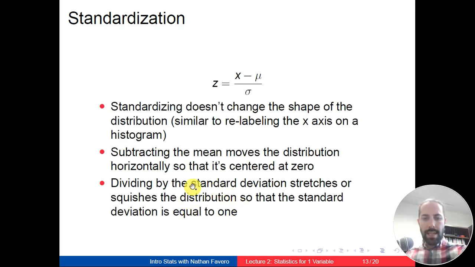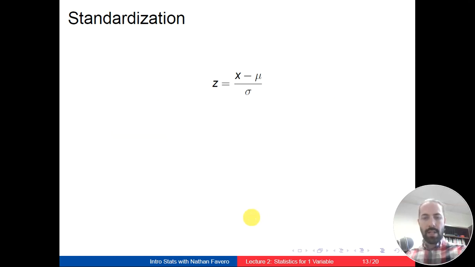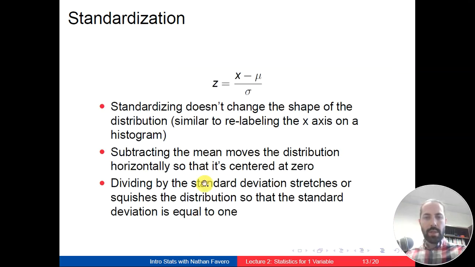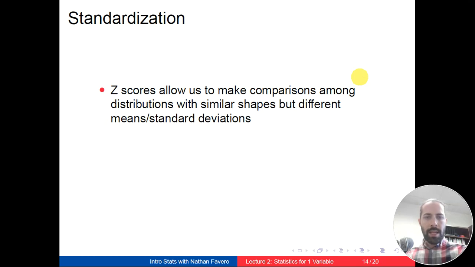While dividing by the standard deviation is going to make it so that our units now refer to standard deviations. In other words, if we go 1 unit away from the mean, we're going to be at a value of 1. So that's what these two operations in the formula are accomplishing and why we use that formula to create a standardized variable.